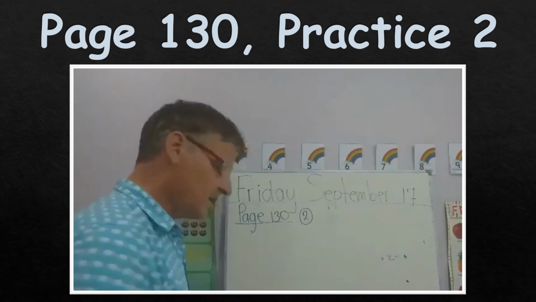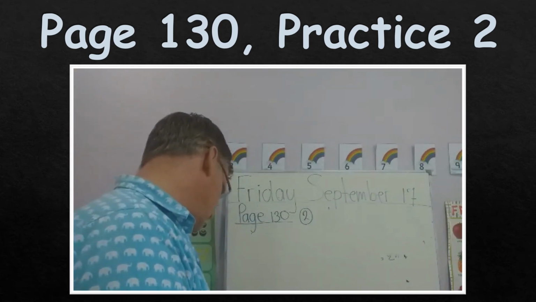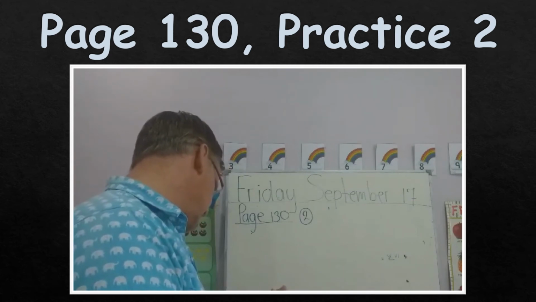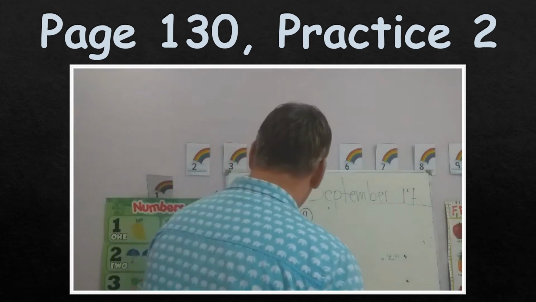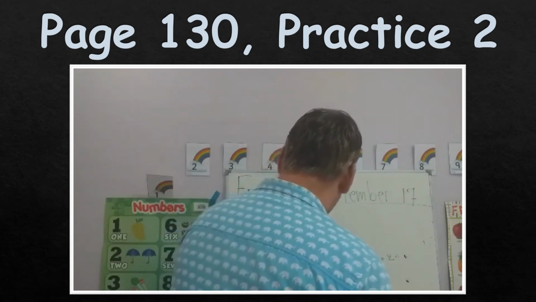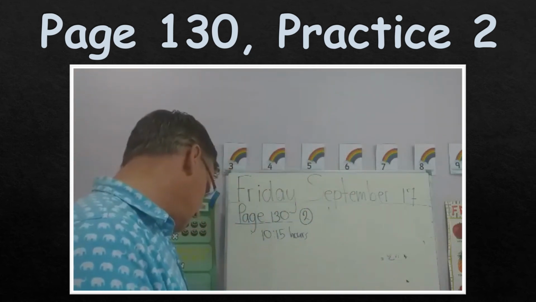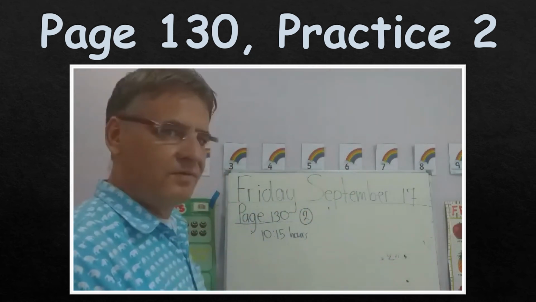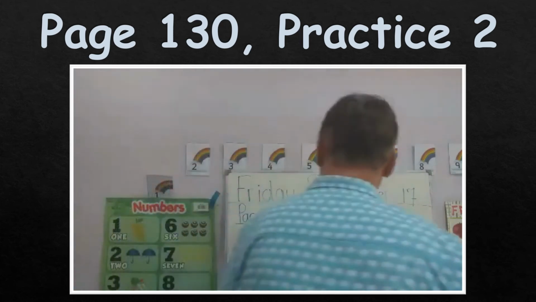Now, as always, the facts first. So, what time did they leave? Jackie and Owen, they left their house at 10:15. It says 10:15 hours. They both left at 10:15 hours. Jackie drove 3 hours and 10 minutes to the beach.